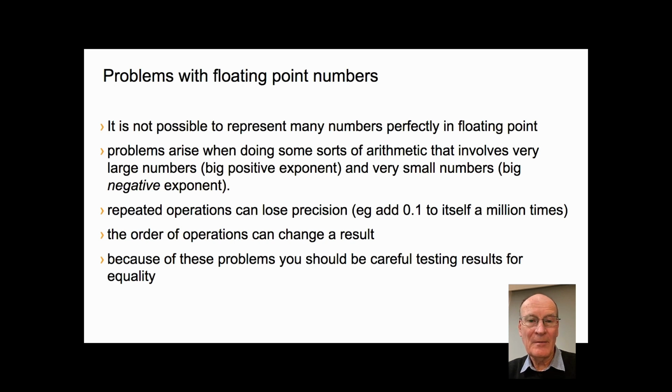Now, very often they may come up with slightly different results, and so you should be very careful testing for equality with floating point numbers. You would normally test within a certain tolerance whether you've got the exact same value.